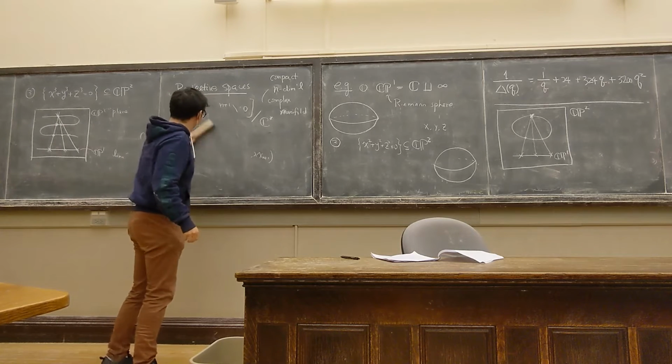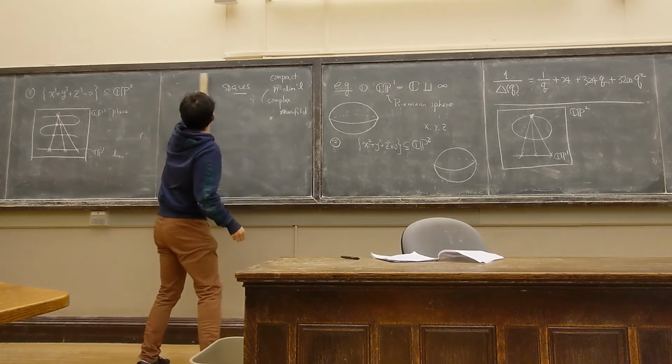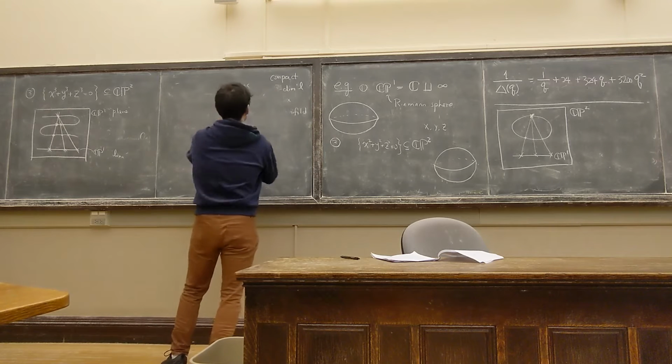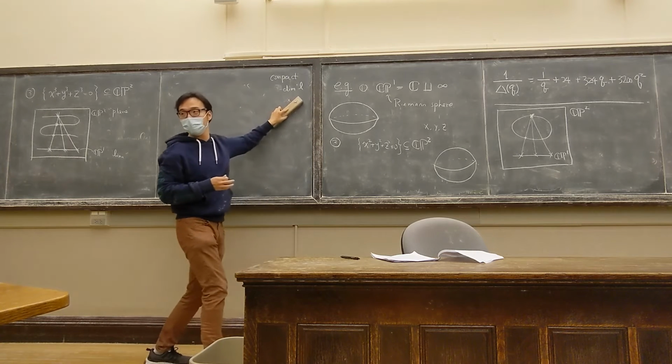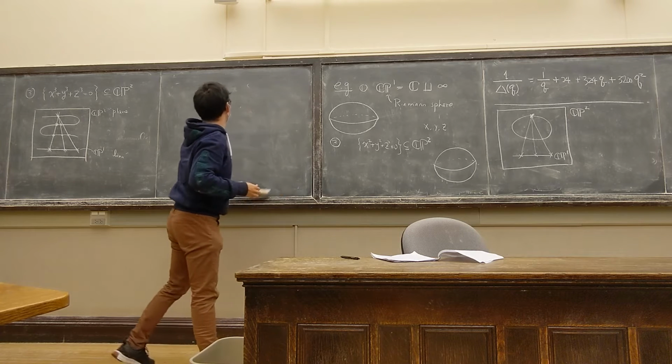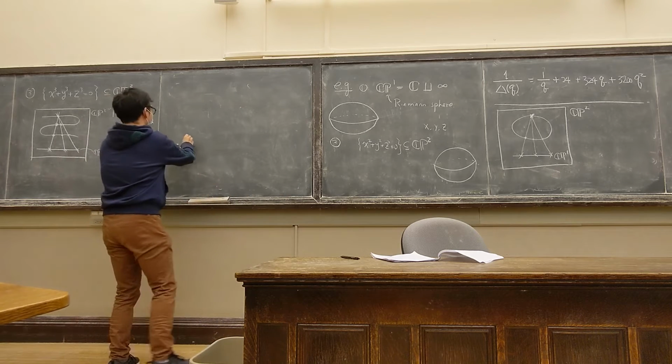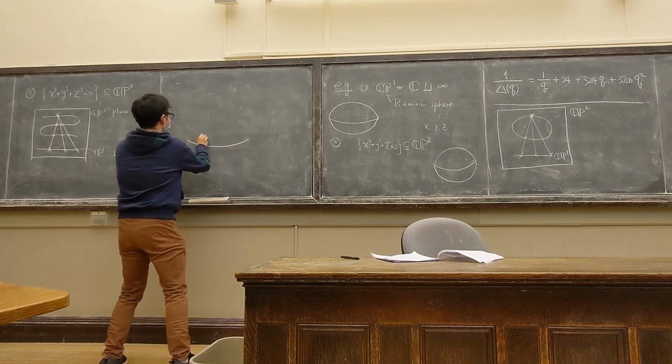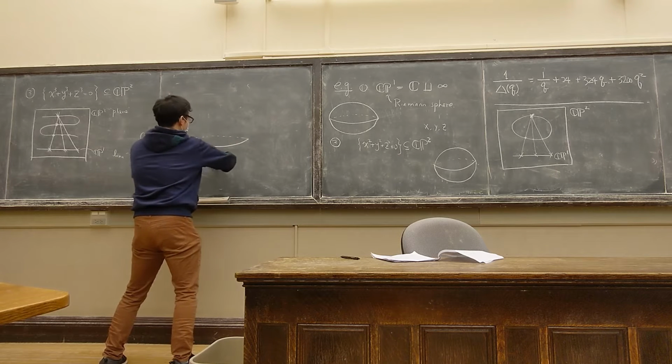This seems to be pretty complicated. However, even from this picture, we can decide what the topology looks like. Now I'm switching back to the complex picture, so a line, which is CP1, is something like that.